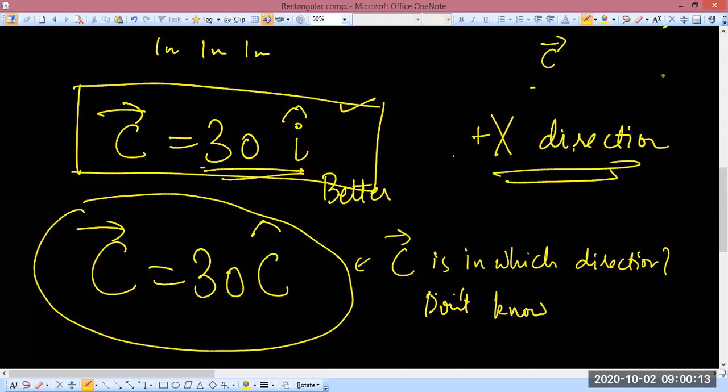The reason is that i caret is a special vector. i caret means the unit vector which is in the positive x direction. That's what you have to remember. That is how everyone deals with it. I hope that made it clear.